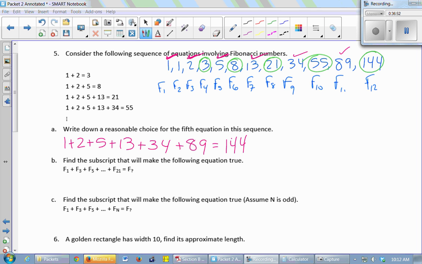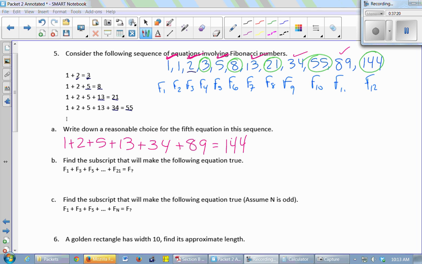All right. So if I wanted to find the subscript that would make the following equation true, look at the relationship between the last number in the sum and the sum. I've got 2, 3, 5, 8, 13, 21, 34, 55. How are those numbers related to each other in the list of Fibonacci numbers? They're right next to each other.